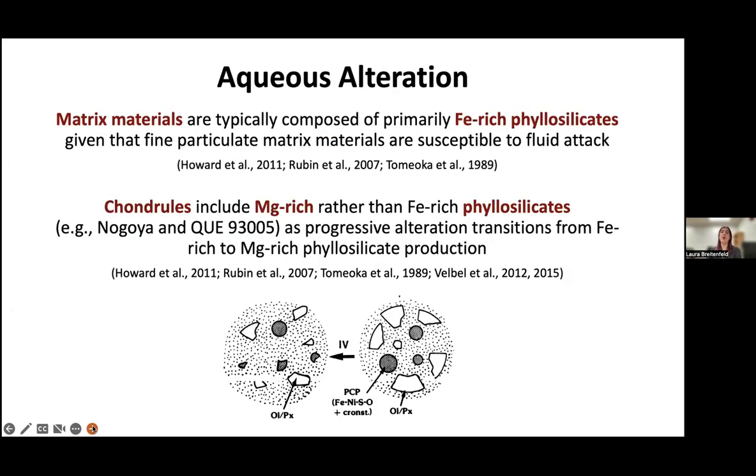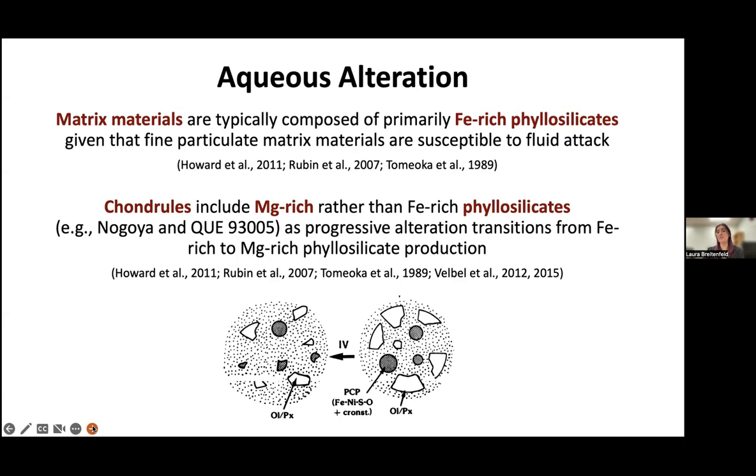Another component of this is what specific materials within carbonaceous chondrites are composed of. Matrix materials are primarily composed of iron-rich phyllosilicates, as the matrix materials are more susceptible to fluid attack, whereas chondrules are more rich in magnesium; chondrules include magnesium-rich rather than iron-rich phyllosilicates.